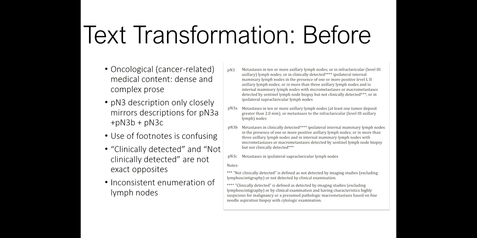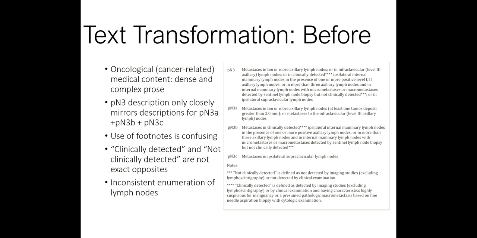Note how there's one that has 3 stars and one that has 4 stars. It's rather hard to pick out which is actually being referred to. It's also worth noting that the phrases clinically detected and not clinically detected are not exactly opposites. And there's also some inconsistency relating to the enumeration of lymph nodes.